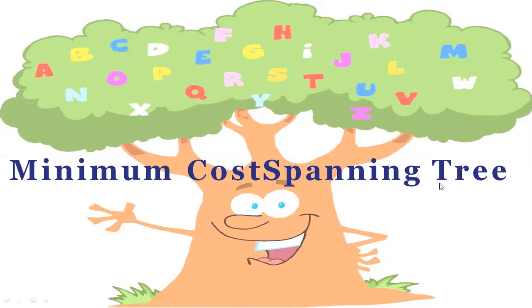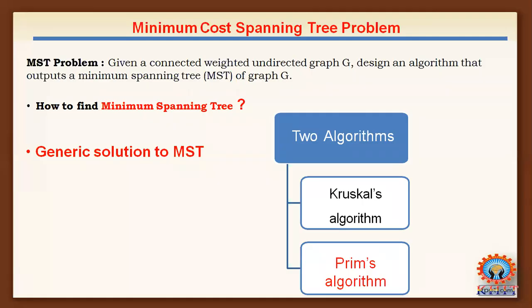Basically, the minimum cost spanning tree problem works on the principle of the greedy method with the help of two algorithms, namely Prim's and Kruskal's algorithms. So the minimum cost spanning tree problem can be solved using greedy technology.